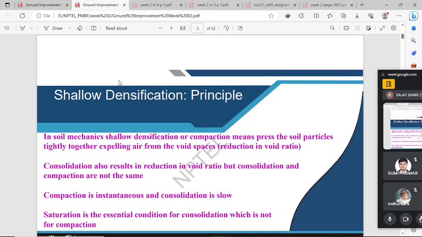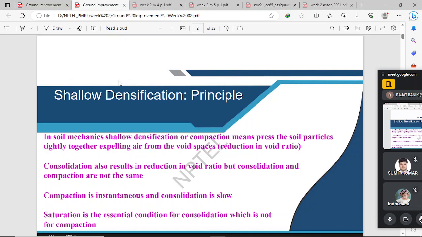But in the case of compaction, or shallow densification, we apply mechanical energy to the ground and expel the air from the soil, the air voids. It is an instantaneous process, but consolidation is a slow process. Consolidation takes a few months, sometimes a few weeks.